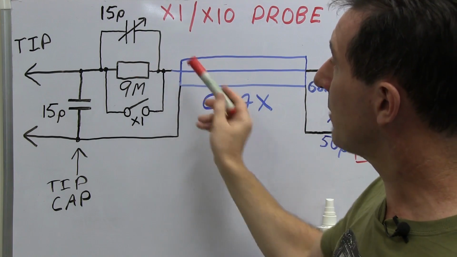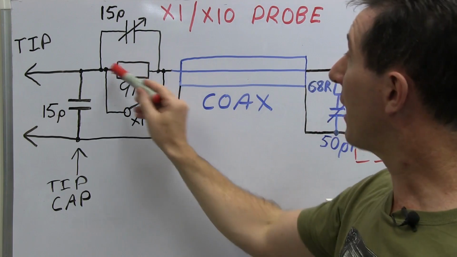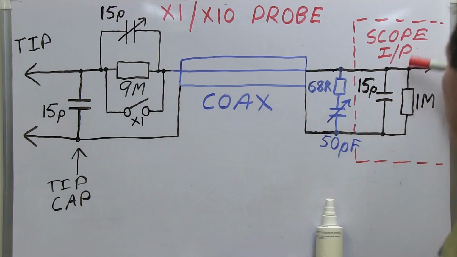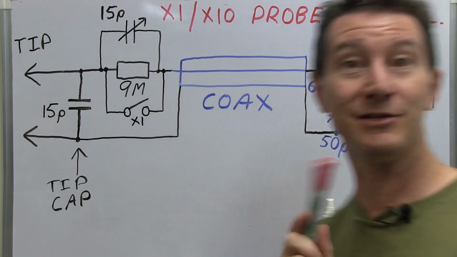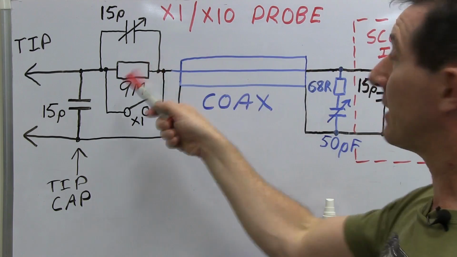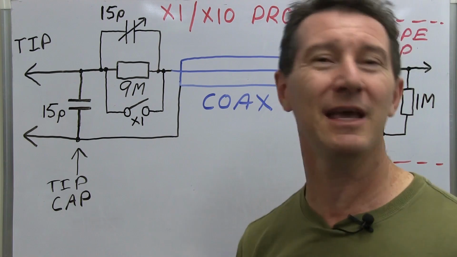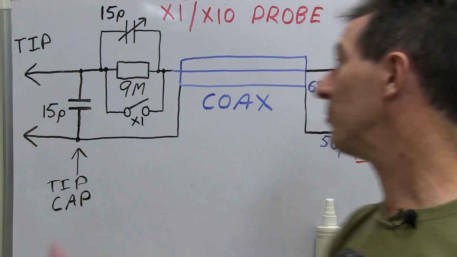Now, on a ×10 probe, you have a series 9 meg resistor in here. So it forms a voltage divider with the 1 meg input on the oscilloscope over here. At DC, it forms that ×10 divider. They call it ×10. Yeah, I know, it's really weird. It's divide by 10.